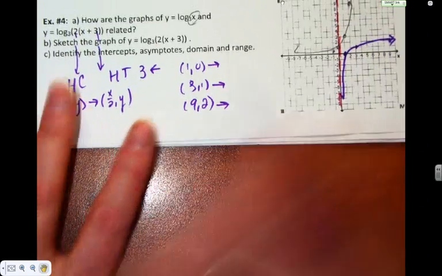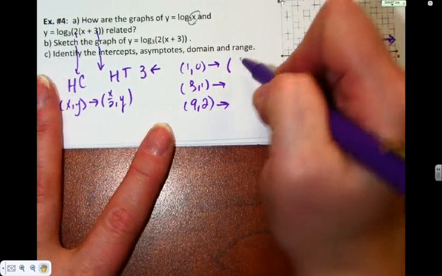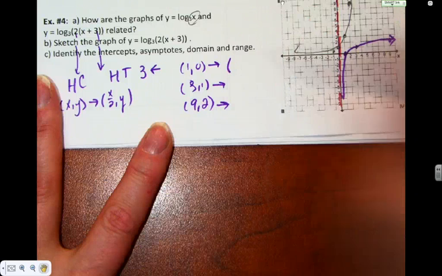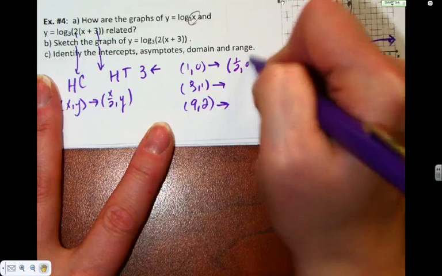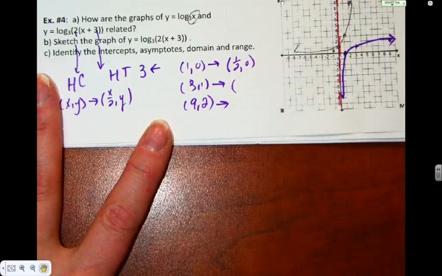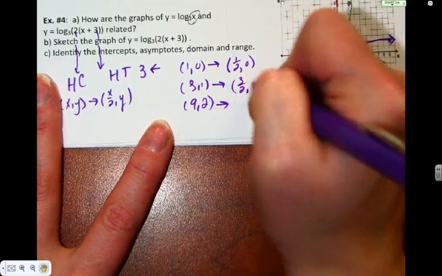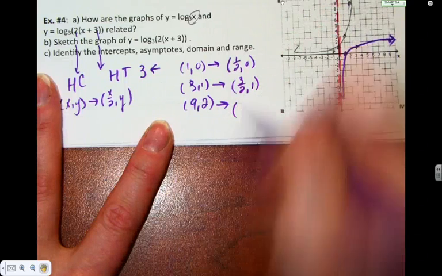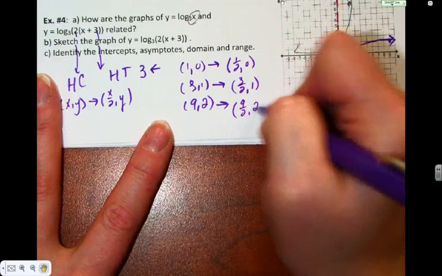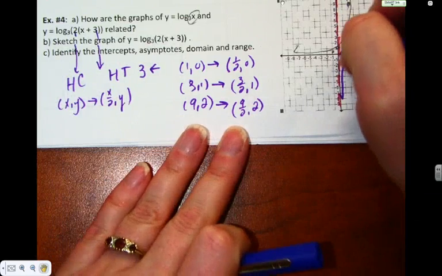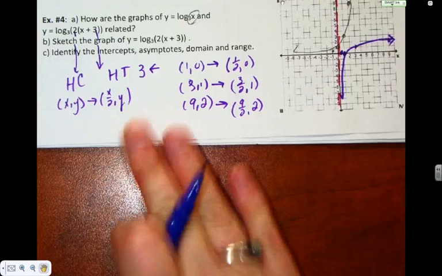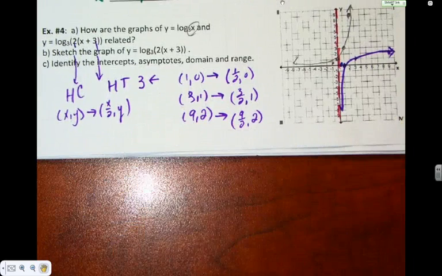And so the horizontal compression is going to make these points. Okay, so 1/2, 0, that's not bad, I can do that. What do I do with 3 over 2 and 1?